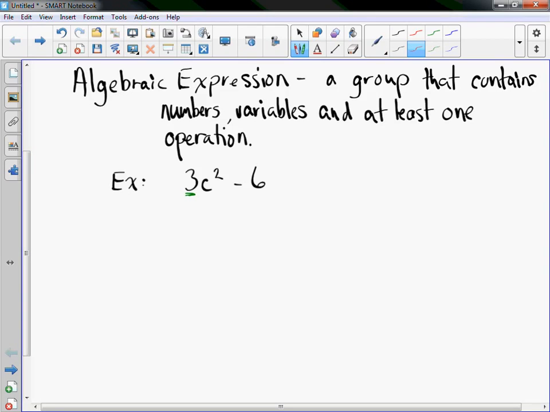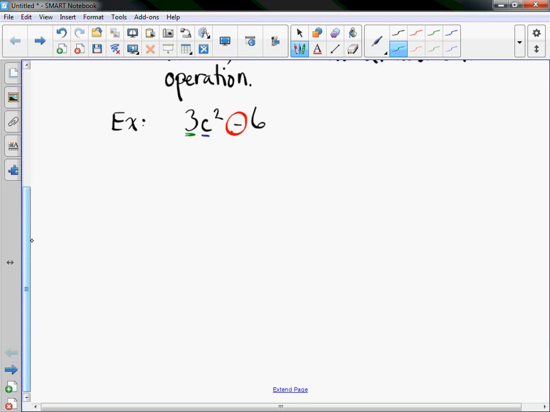It has an operation. It also has a variable. So it meets all of the requirements. It has numbers, variables, and at least one operation. Okay? Also, in this one, it has terms. Okay? Let's use another example to describe those.